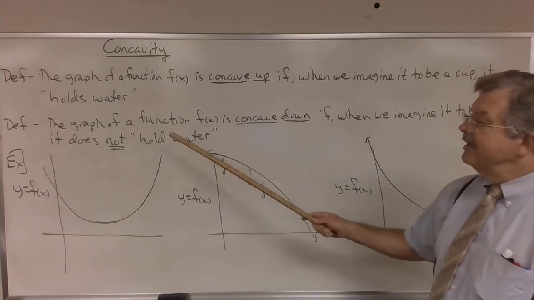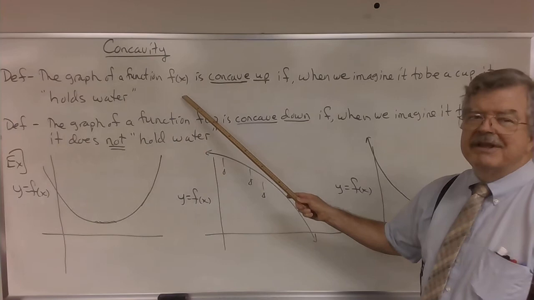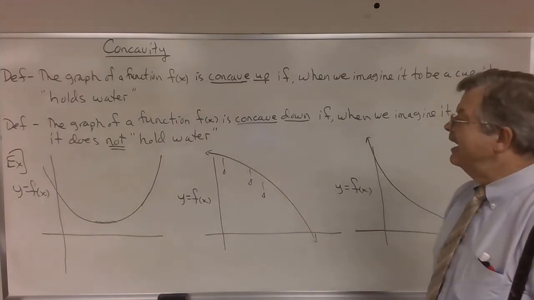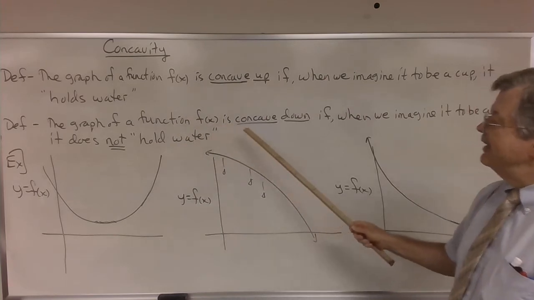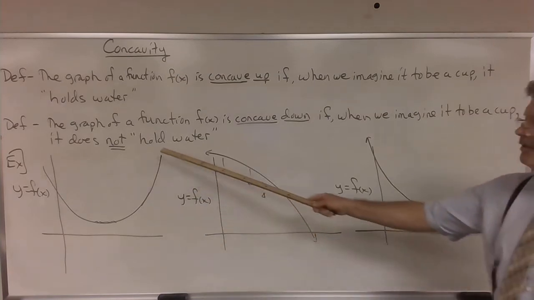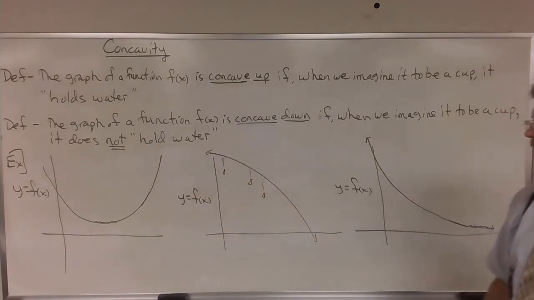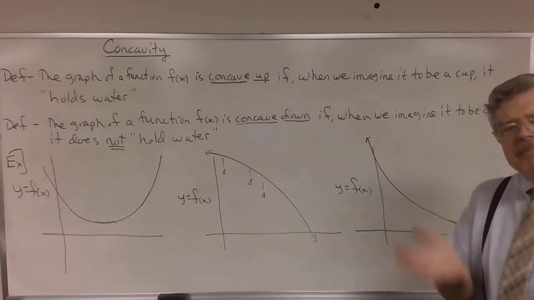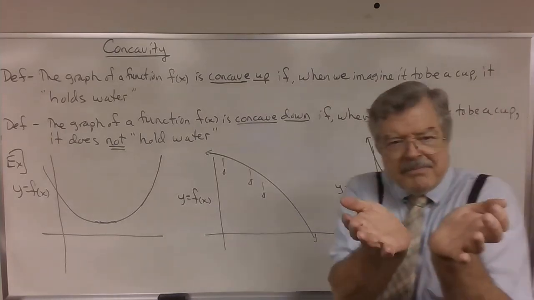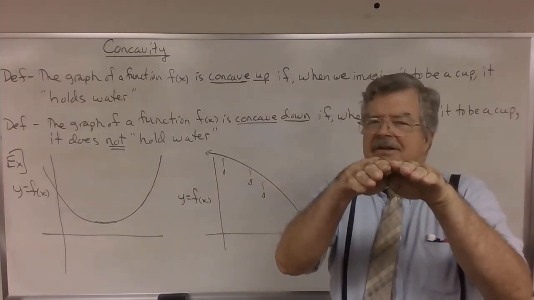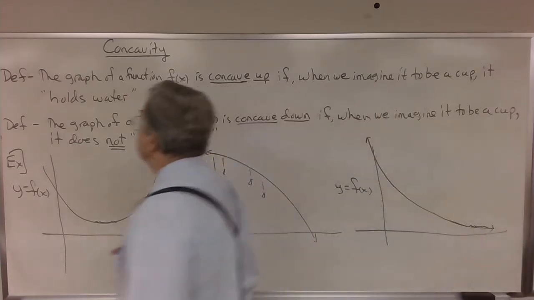Now, a graph usually is either concave up or concave down. The graph of a function is concave down if, when we imagine it to be a cup, it does not hold water. So remember that. Concave up, it holds water. Concave down doesn't hold water.